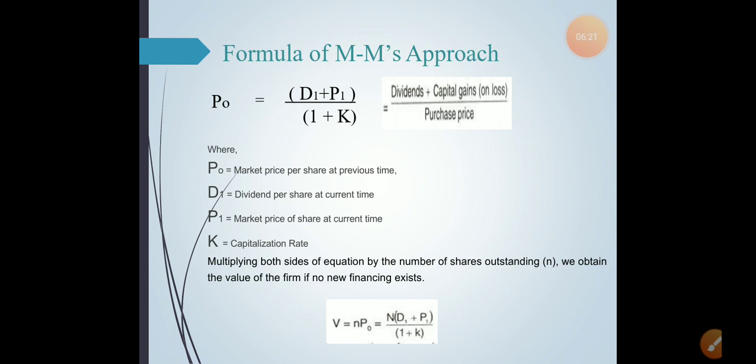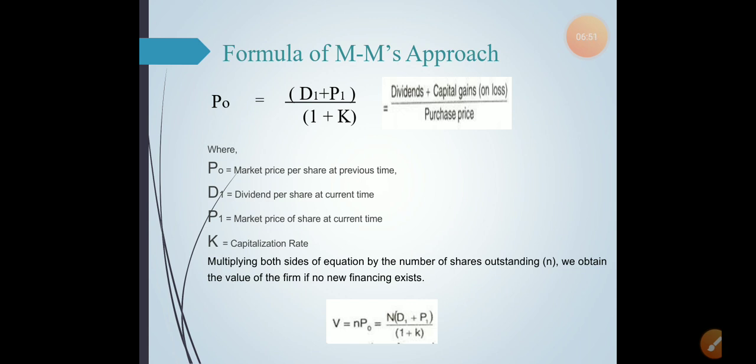Multiply both sides of the equation by the number of shares outstanding, and we obtain the total value of the firm. So the value of the firm is equal to the number of shares multiplied by P0. P0 stands for the market price per share at the previous time, which is equal to N multiplied by (D1 + P1) divided by (1 + K).